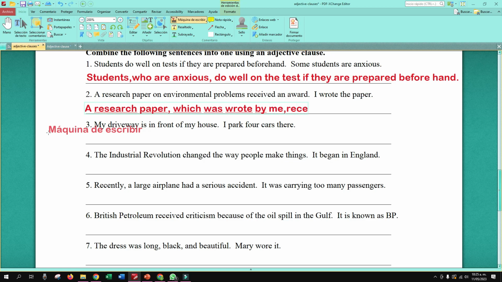Received an award. That's good. For me, it sounds good, right? A research paper which was wrote by me received an award. Or you can say a research paper which I wrote.